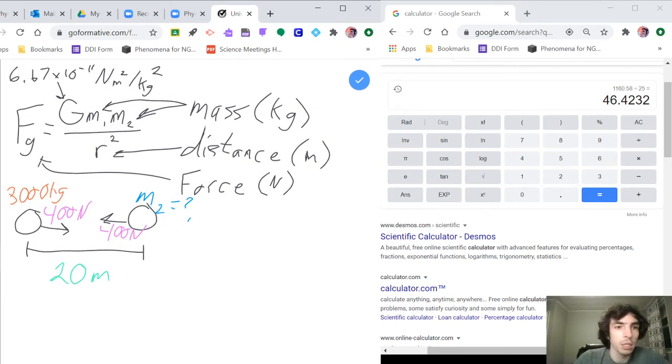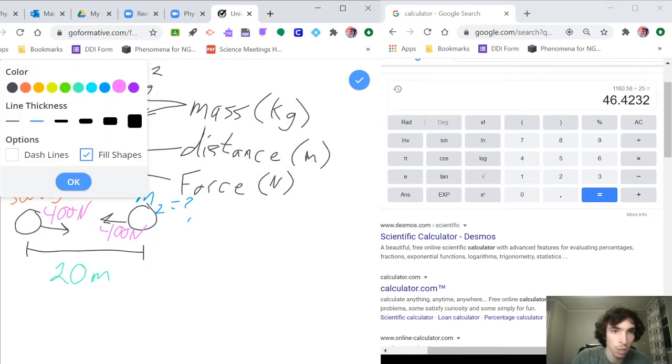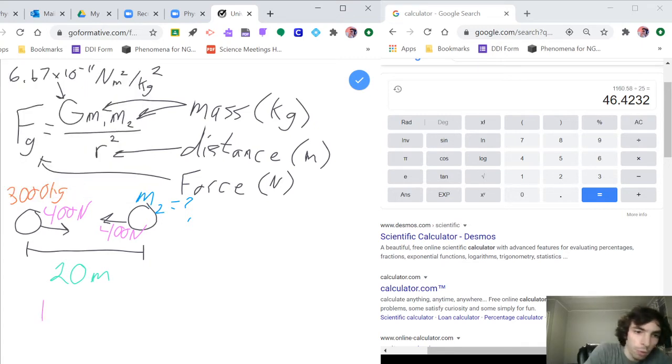So let's plug in the stuff that we know. We know we have these forces measured in newtons, so let's plug that in first. 400 newtons, that's what we're plugging in for our FG, and that is equal to our constant that we always start off with, 6.67 times 10 to the negative 11th Newton meters squared per kilogram squared.